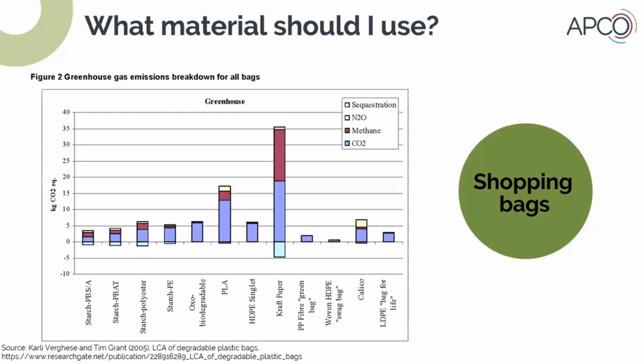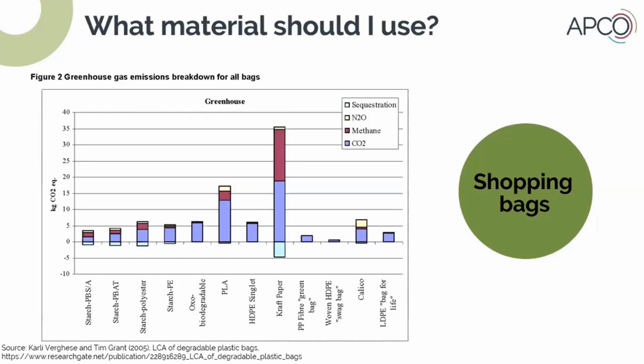The reusable bags, we assumed that people use them about once a week, 52 times. I mean, in reality, I don't know about you, but mine are still going strong after a few years. But the conclusion from this study was that the reusable bags, assuming they're used many times, are better.